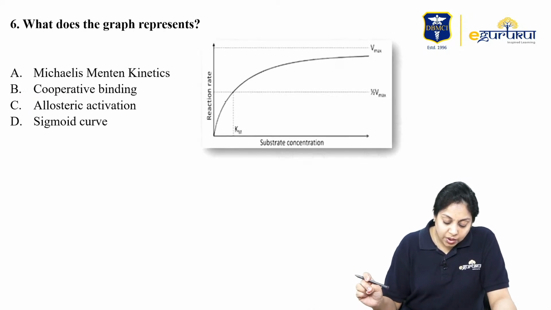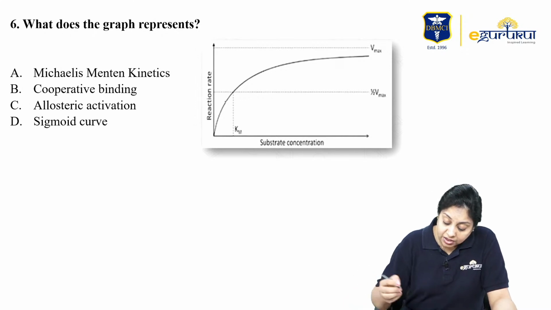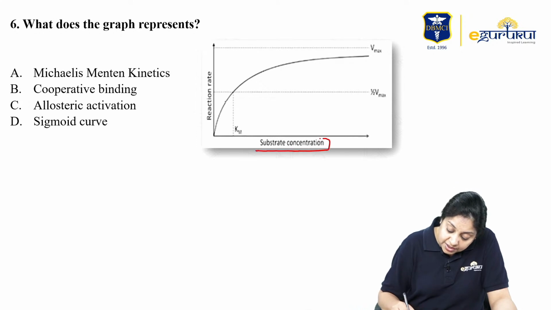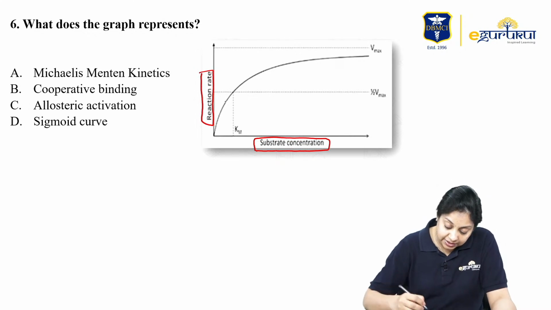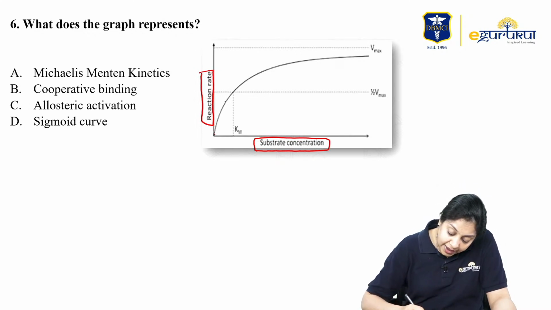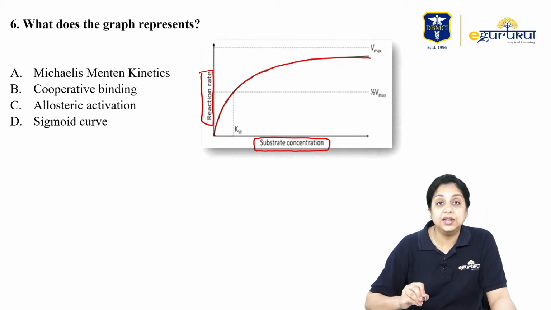Next question is, what does the graph represent? Michaelis-Menten kinetics, cooperative binding, allosteric activation, or the sigmoid curve? What do we have here? On the x-axis we have substrate concentration. On the y-axis we have the rate of the reaction, and this curve indicates that as soon as we increase the substrate concentration, the rate of the reaction goes on increasing and it reaches a maximum level, right?